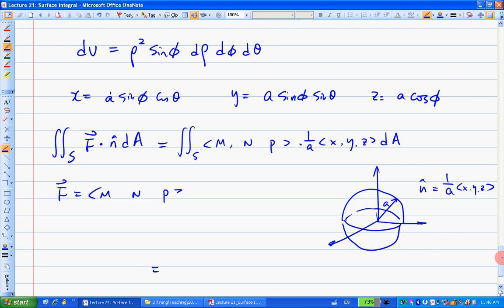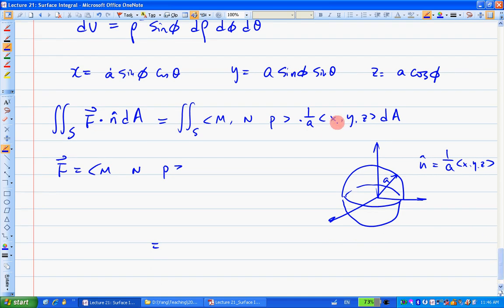So the next step is a slight change. We're going to replace those x, y, z, and also the x, y, z in the functions M and P, with the x, y, z over here.